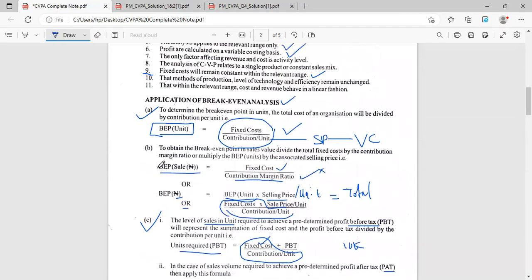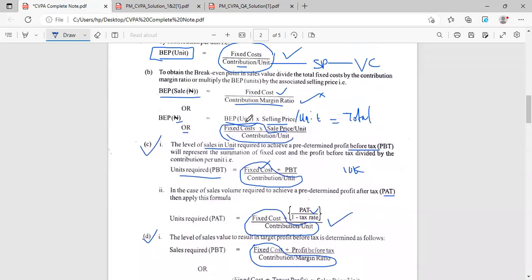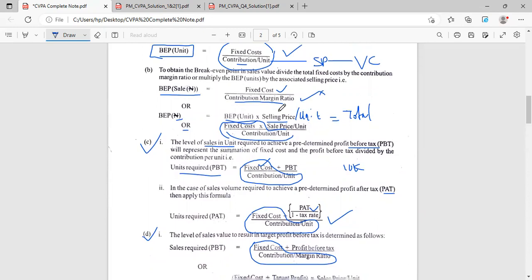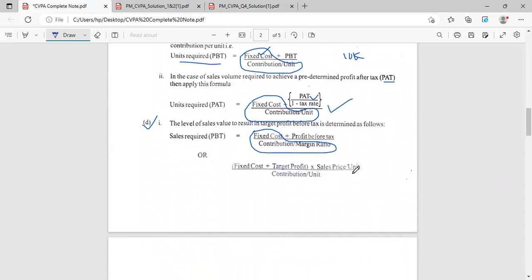The same thing we did here. When we are trying to get units, we use contribution. When we are trying to get value, we use what? Contribution margin ratio. So the same thing applies here. Fixed cost over contribution margin ratio, which is this formula, gives you break-even point in naira, plus profit before tax. Are you getting it? Or you use this formula, which is an expanded form. Either one is the same thing.